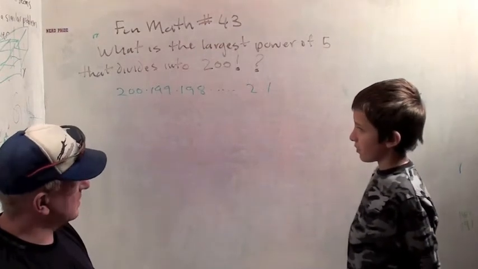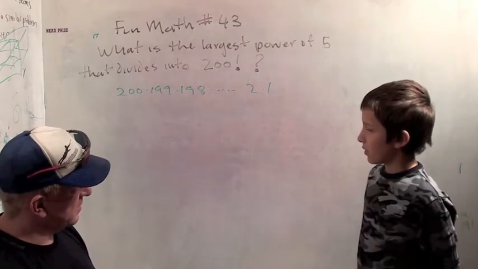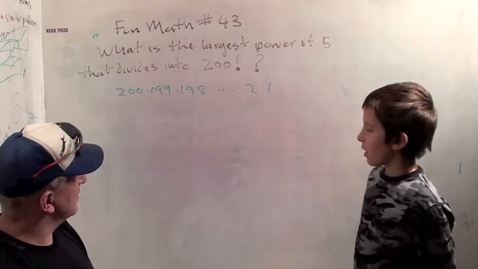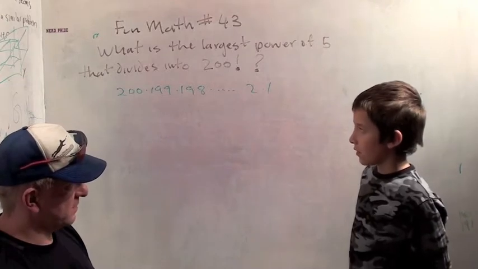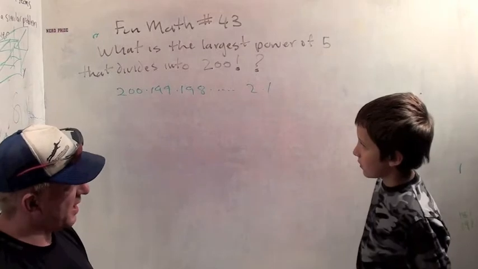Well, there are some 5s in there. How do we get 5s? You get them from 10s and numbers that end in a 5. So every multiple of 5 gives us a 5, right?